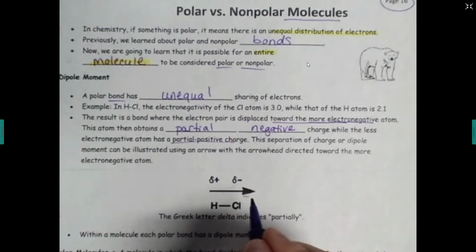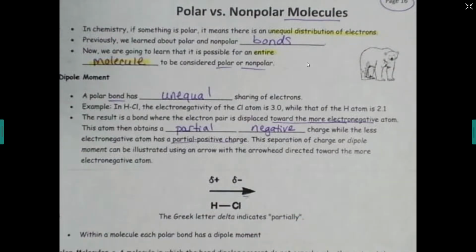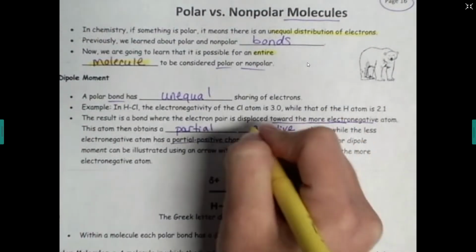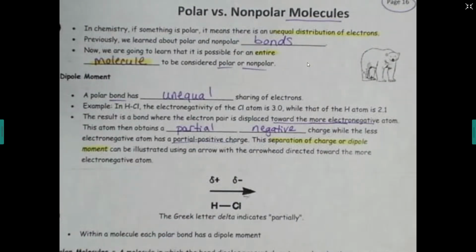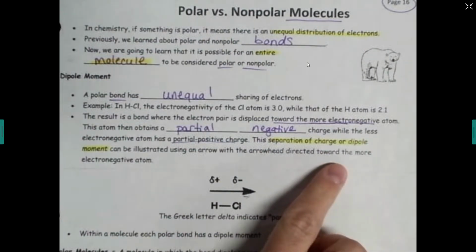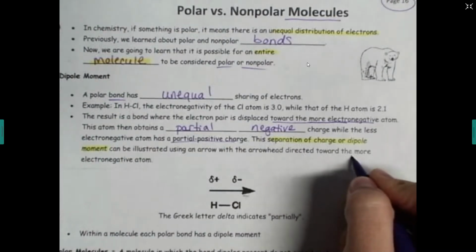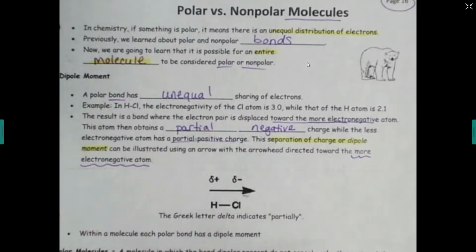The separation of charge, or dipole moment, can be illustrated using an arrow with the arrowhead directed towards the more electronegative atom.